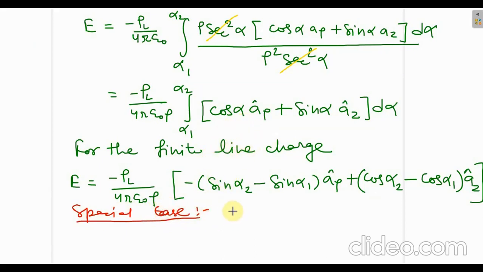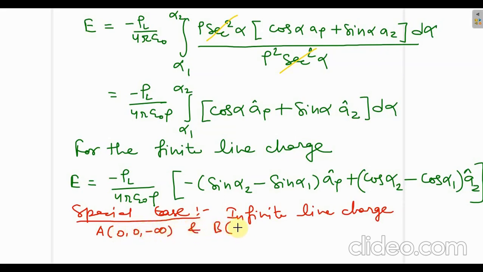In case of infinite line charge, the extremes will have the coordinates: a will be 0 0 minus infinity, and the point b will be 0 0 infinity.